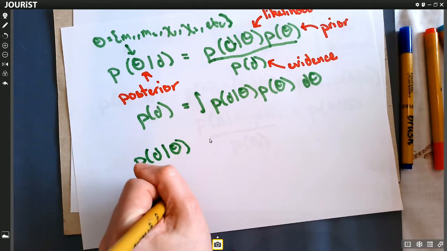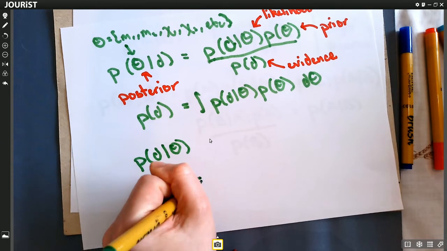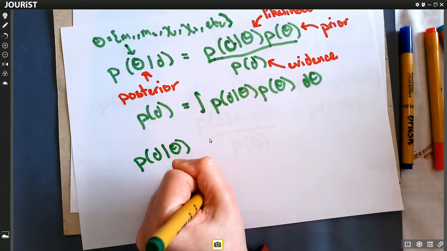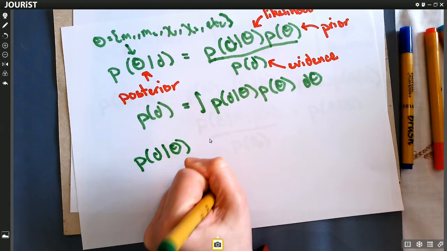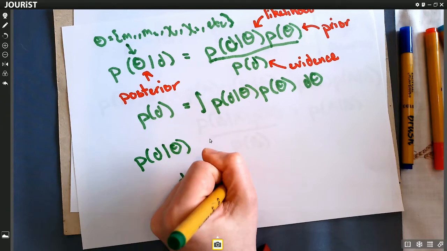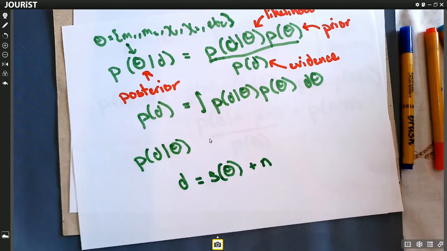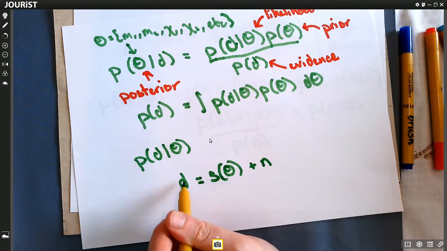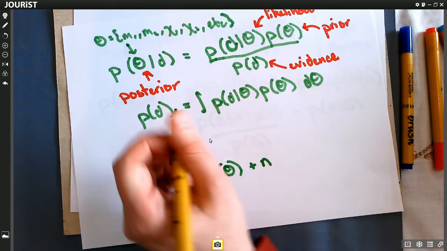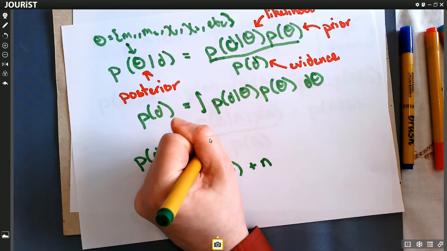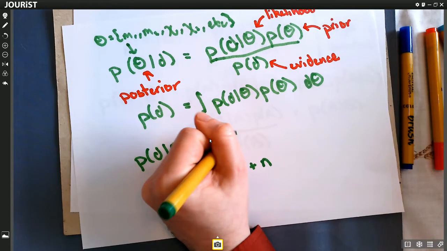Well, we assume that our data is made up of some signal plus some noise at a particular time. So what's the probability of getting this particular bit of data given our signal? Well, it's the same as the probability of getting this particular noise realization.